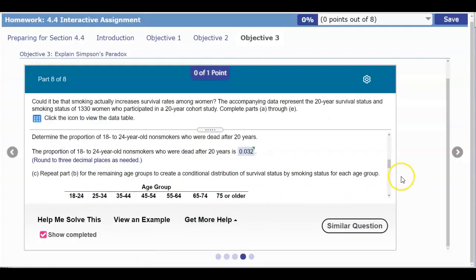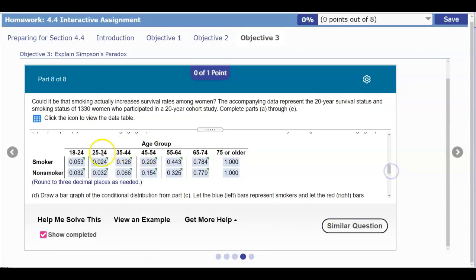Okay, so therefore we're going to enter that information into our data set here, and that gives us the result of part C.